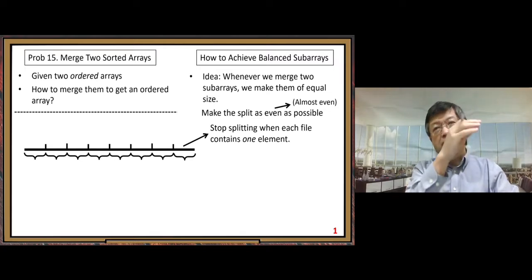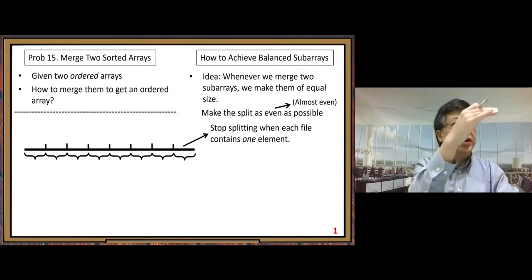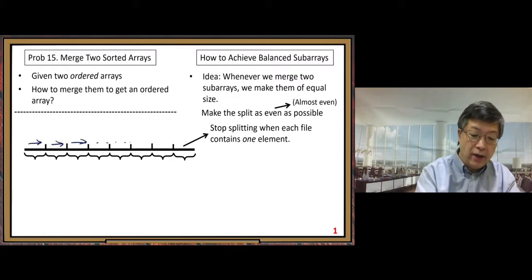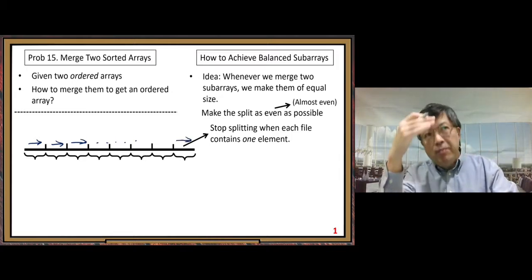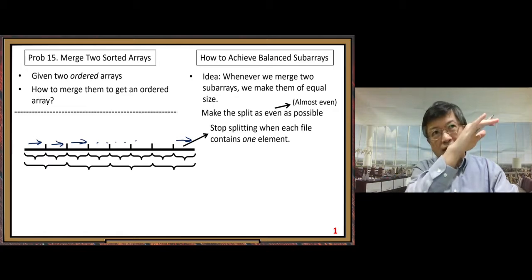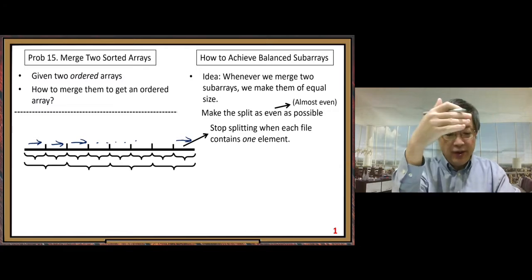Then each resulting subarray is sorted. Each one after the merge is sorted. Then the next round of merging, and each merged subarray is also sorted.